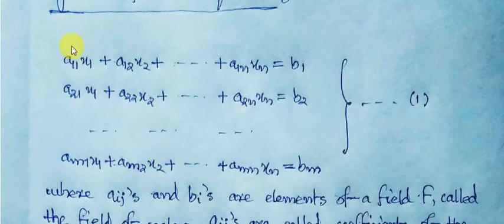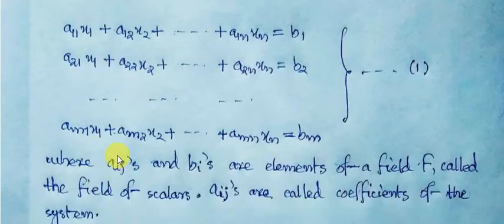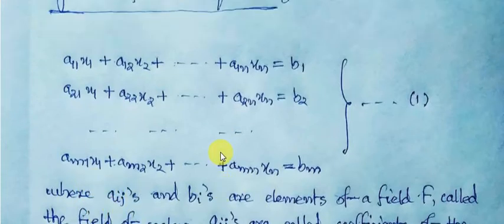The coefficients a11, a12, so on a1n, a21, a22, so on a2n, and so on am1, am2, so on amn, that is, these aij's coefficients and also these right hand members b1, b2, so on bm, these are real numbers. Okay.